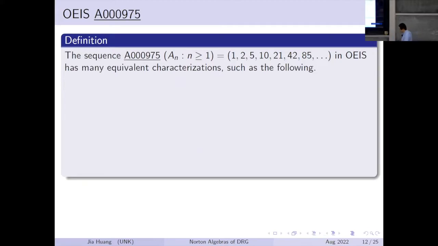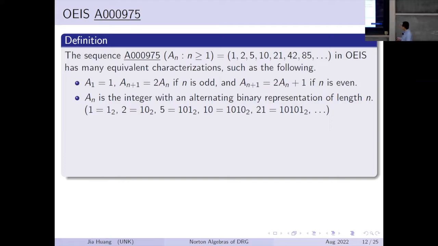You see the first several terms, and you may already observe some recurrence relations. Each time you just multiply by 2 or multiply by 2 and add 1 to get the next term. So times 2, and then times 2 plus 1, times 2, and then times 2 plus 1. You can use this recurrence to generate the whole sequence. And it turns out that there are also more interesting things about the sequence.